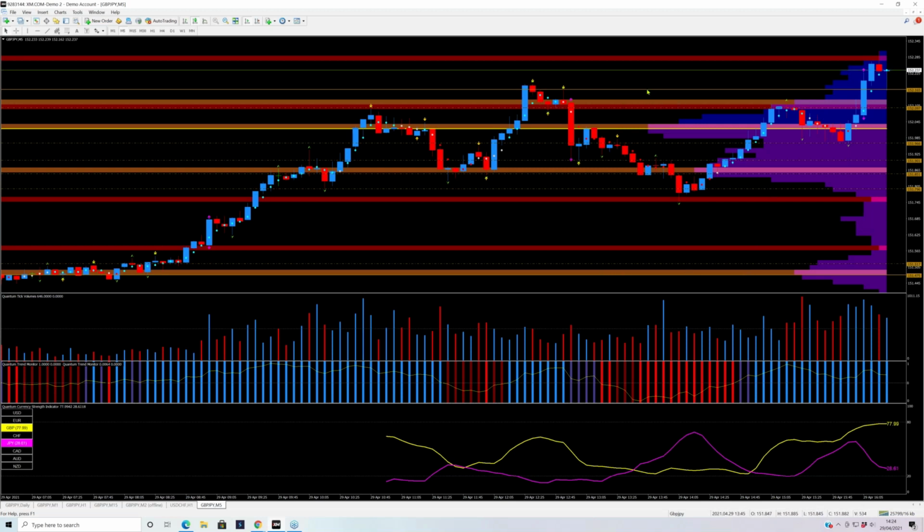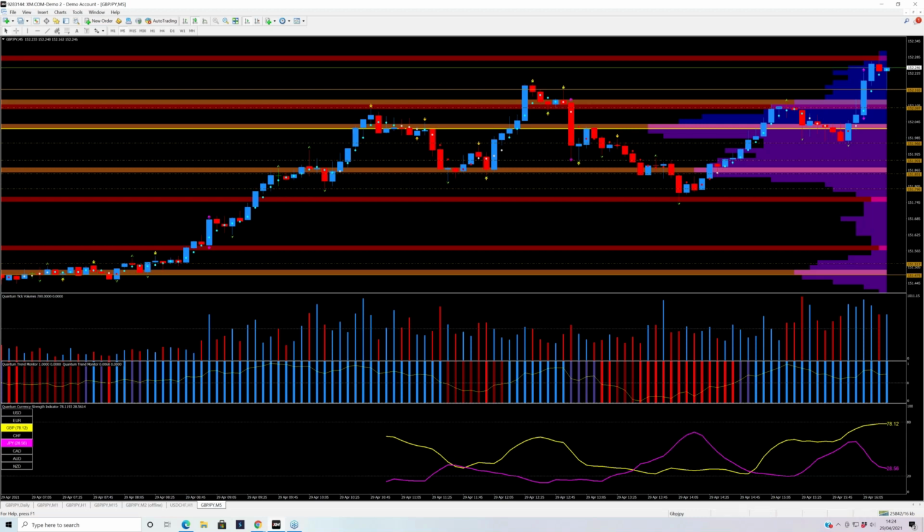It's a slightly thicker, solid line, so we know that level is reasonably strong. Or you get a dash line, and that line is not so strong. It still holds. You will still find price will bounce off it, but if it's a stronger level, it gives you a little bit more confidence.